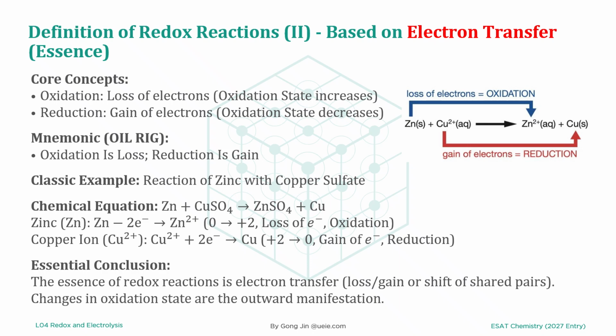Copper ions gain those 2 electrons and become copper atoms, with their oxidation state dropping from +2 to 0. This is reduction. Keep this in mind. Electron transfer is the root cause, while changes in oxidation states are just observable phenomena. Grasp this. Redox reactions will become much simpler.